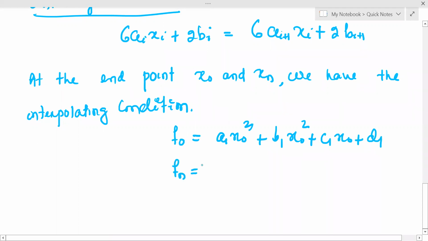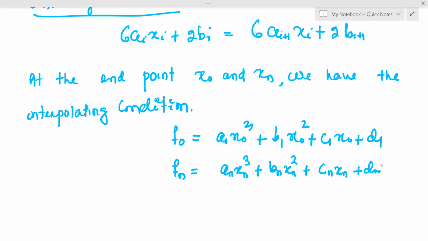Fn, An xn cube plus Bn xn square plus Cn xn plus Dn. These are the f0 and fn.